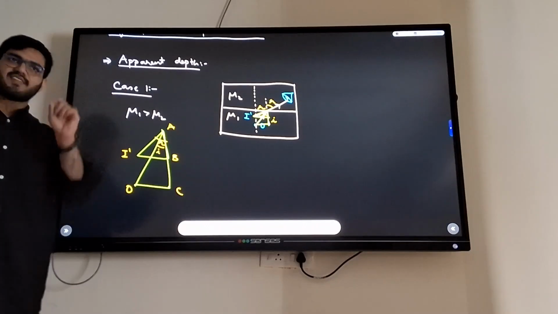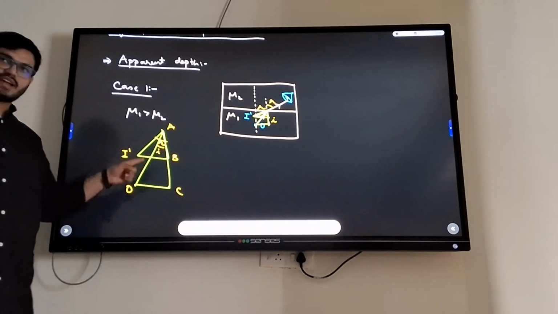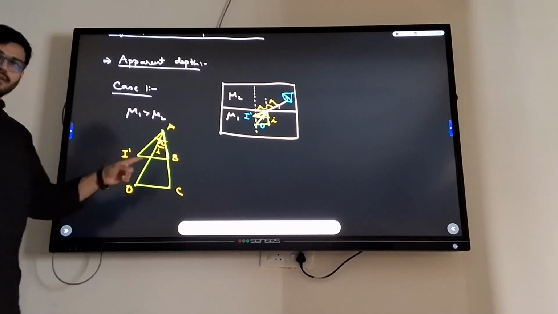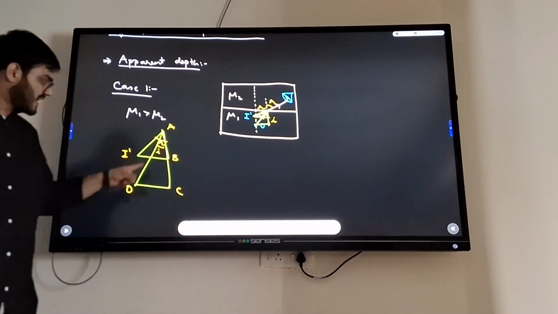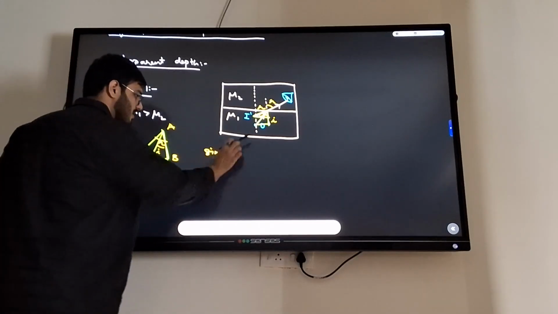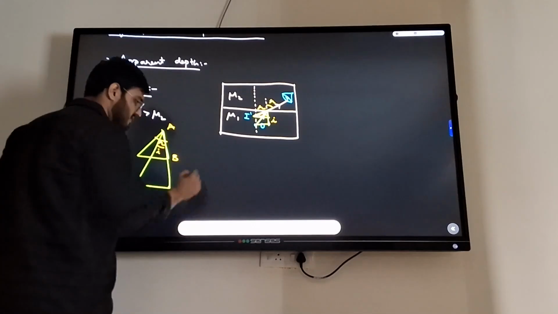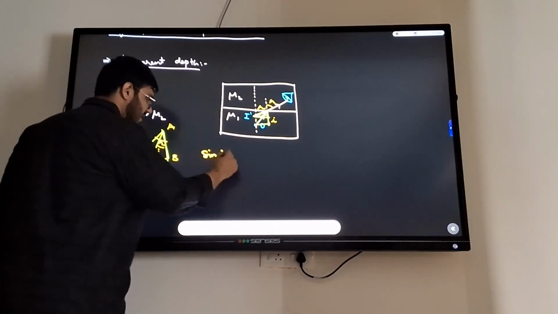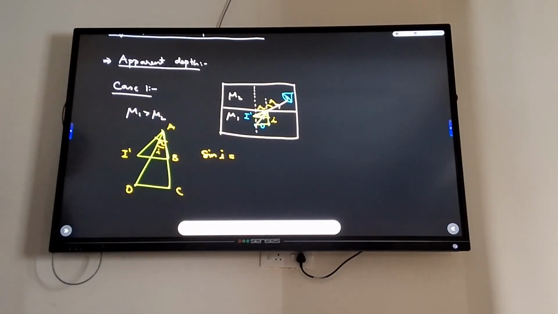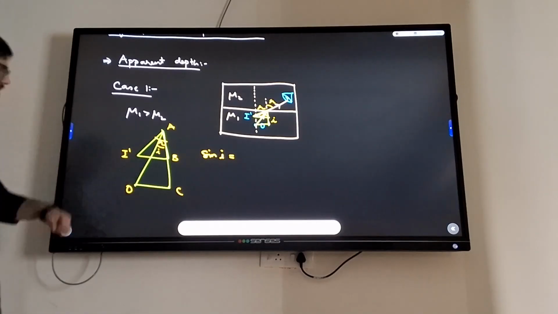Snell's law में sin I, sin R आता है? Can I find sin I and sin R from this triangle? Yes? Can you tell me what is sin I from this triangle? Yes. Sin I is what?